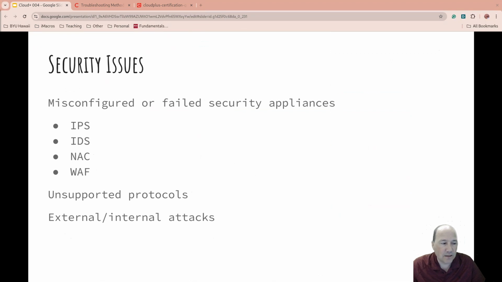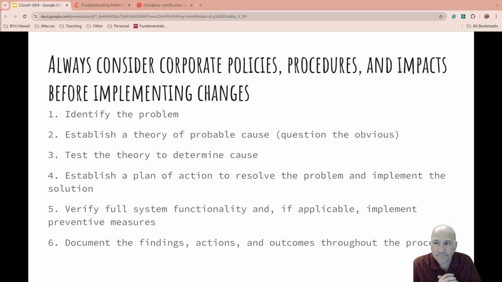Are there network access controls in place, or a web application firewall? Are you using supported protocols? Did you upgrade a system and so now it's on a better thing, but maybe some of the older systems that are still around can't talk to it anymore? Are you able to handle external and internal attacks?